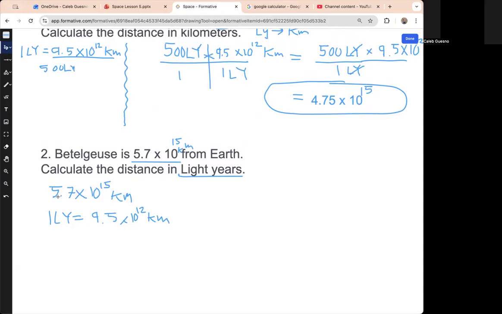Okay, now we're going to take, again, our grid and fill it out. So I'm going to actually move that right down here. I'm going to put it right here. So what do we have? Well, what we have is written in the problem, 5.7 times 10 to the 15 kilometers.